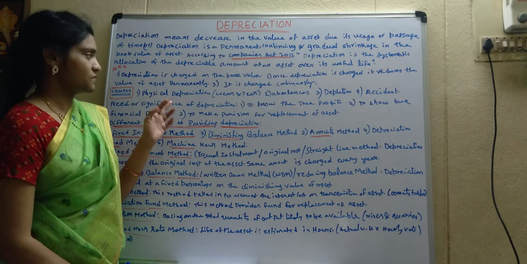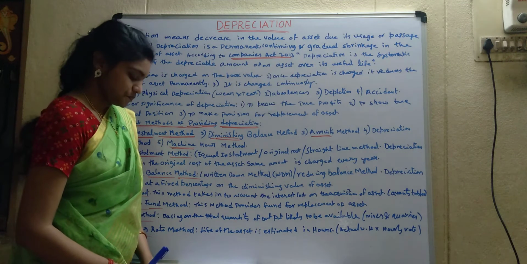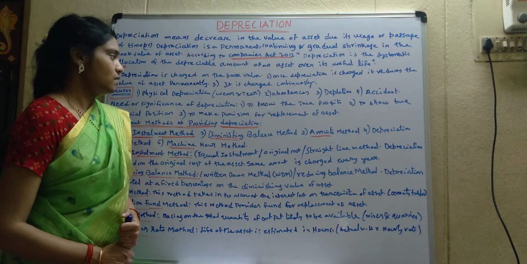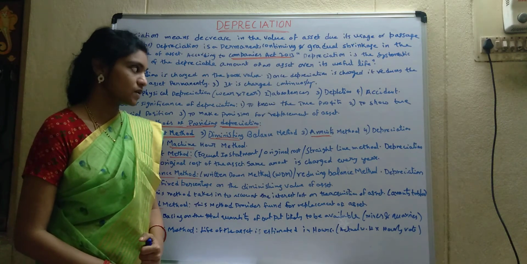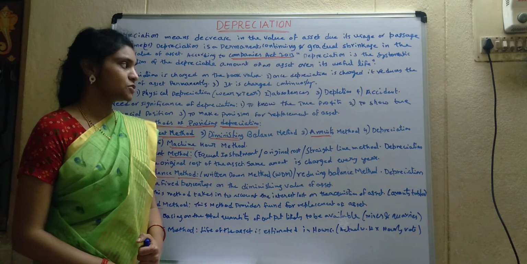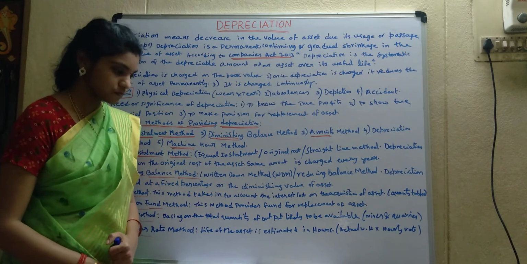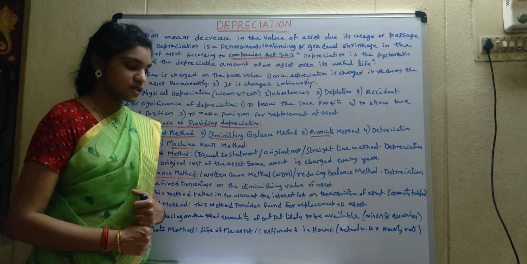Now the causes of depreciation. Physical depreciation, or wear and tear, is depreciation caused mainly when the asset is in use. It may decay.